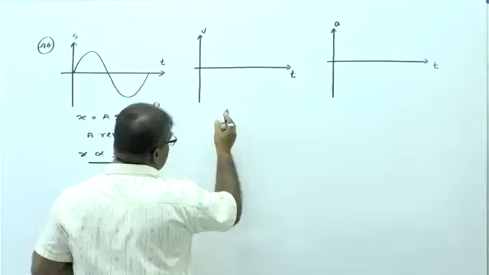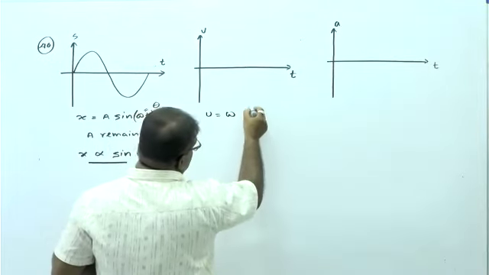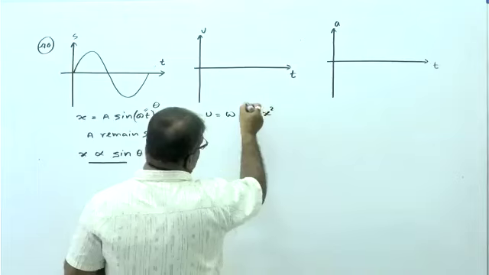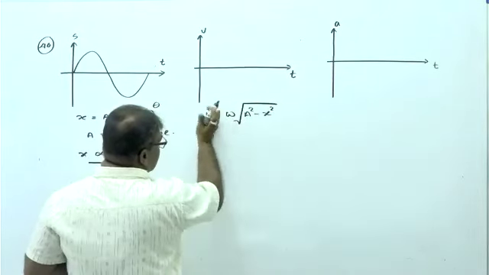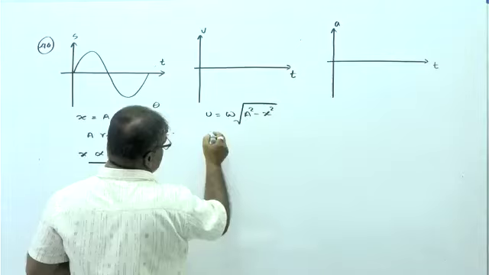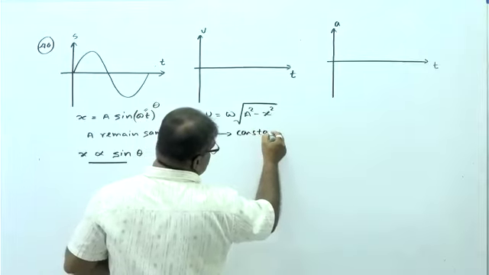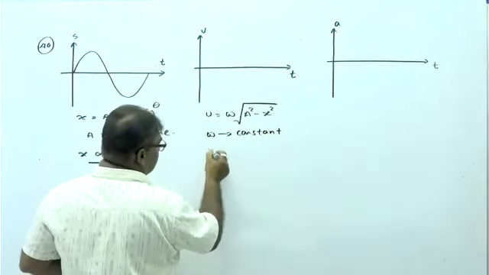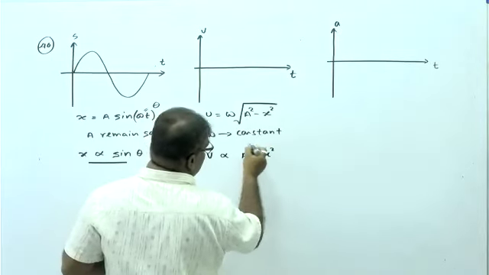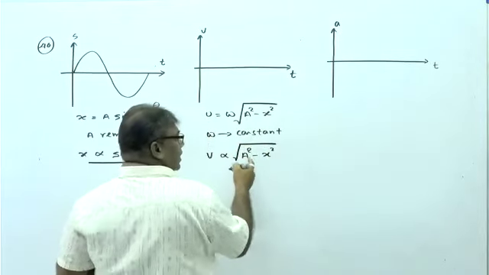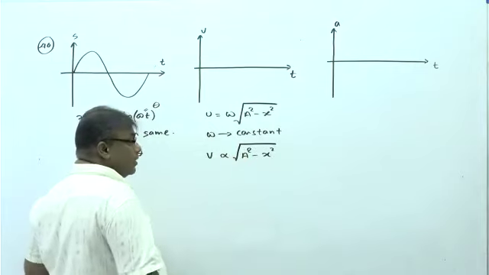Okay, second one. v = ω√(a² − x²). ω remains constant. v is directly proportional to √(a² − x²). A subtraction under a root is never a straight line.